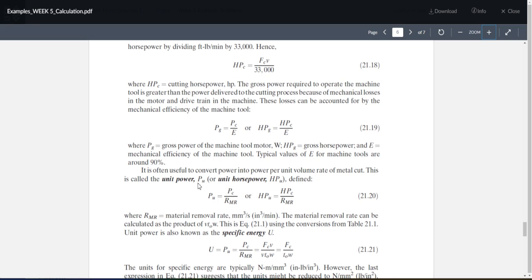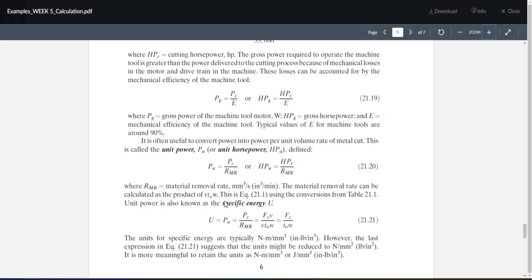Now the unit power, as we mentioned once again, is the cutting power divided by the rate of material removal, which is the volume of the material to be removed during the machining operation. The equation has already been given here. It's the velocity multiplied by the depth of the cut multiplied by the width, and above we have the power, which is the cutting force multiplied by the velocity.